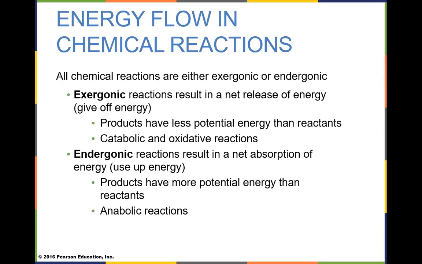There's more energy in the finished cake than there was in the eggs, or in the oil, or in the flour, or in the sugar. So the finished product has more energy than we started with, because it has the energy combined from all the other reactants.